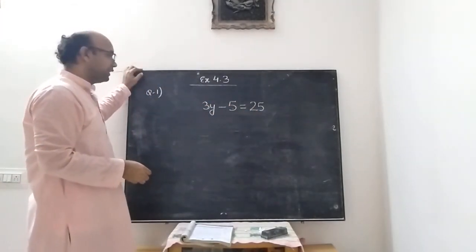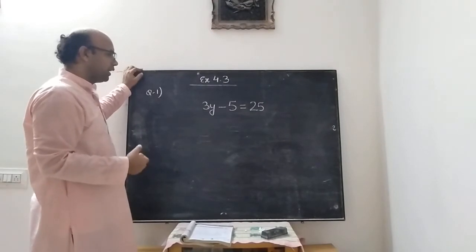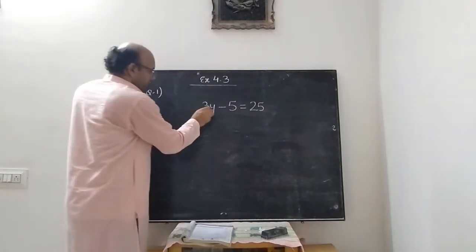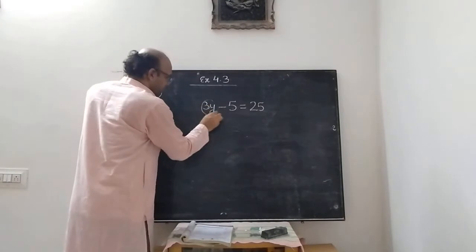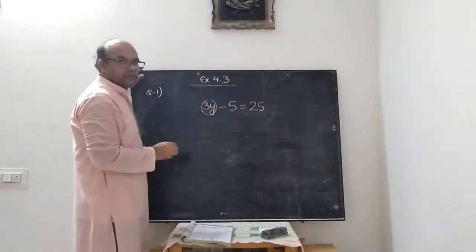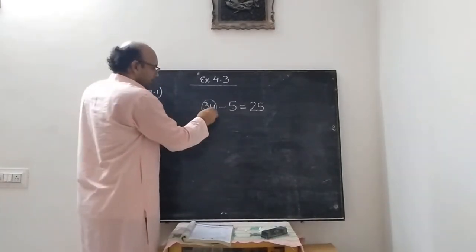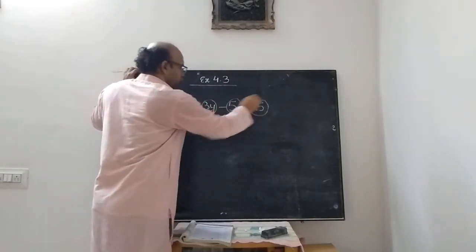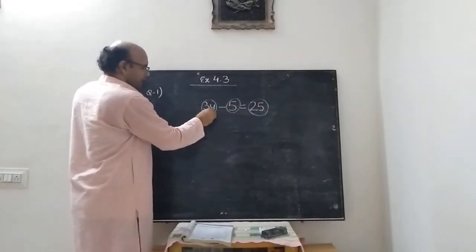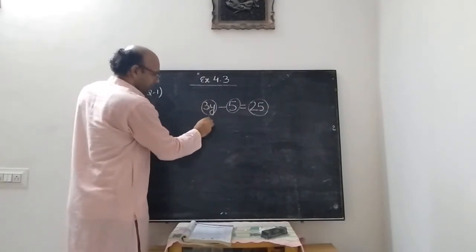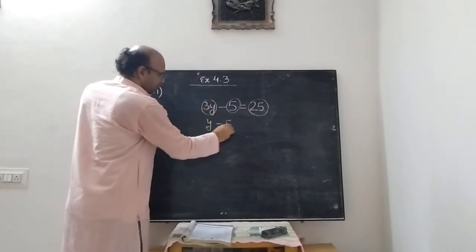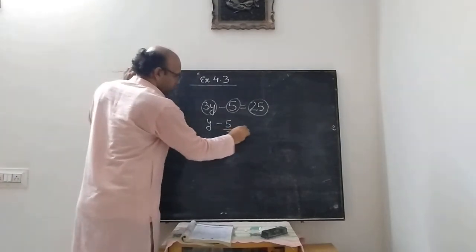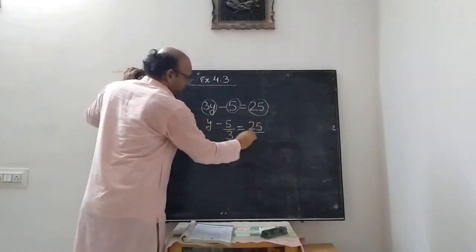When you take this 3 directly, whatever operation is done on one of the terms of the equation, if you are dividing or multiplying, then that has to be done with each of the terms. If a child says, I want to divide by 3, then the child has to do it like this.